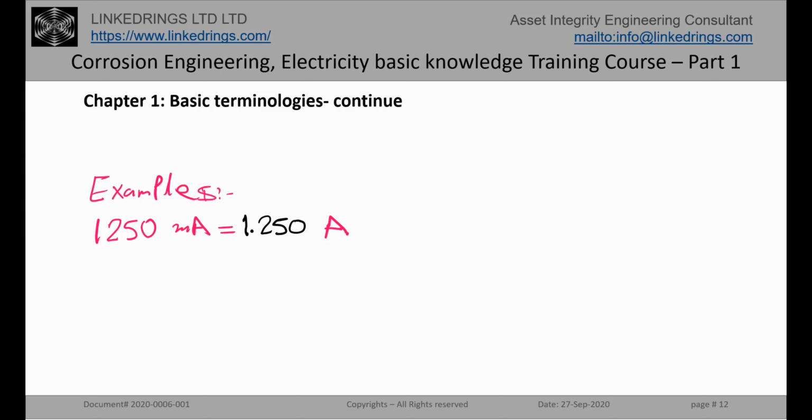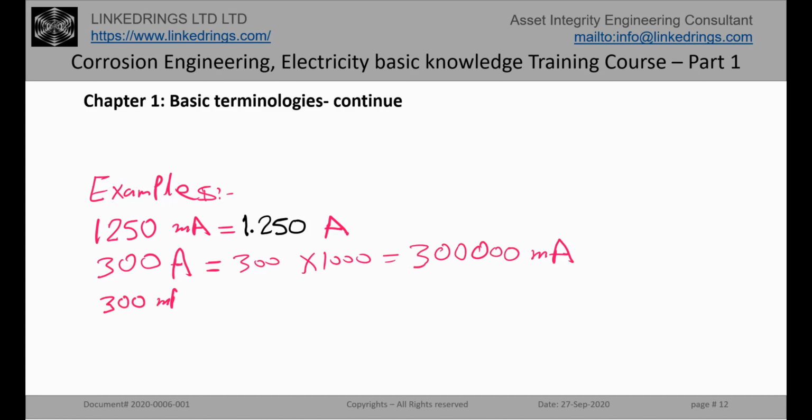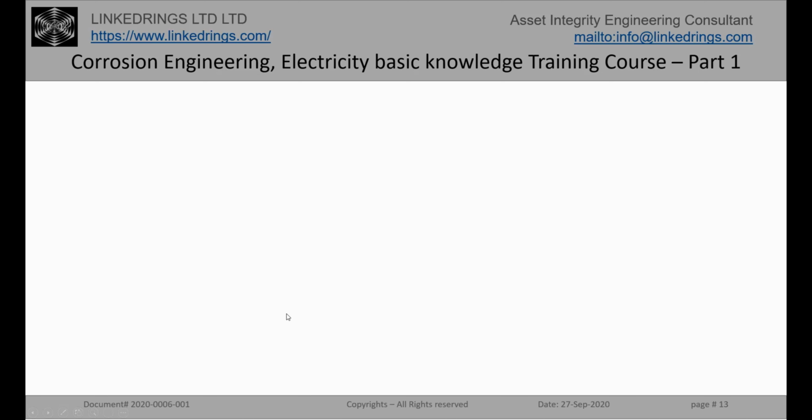We divide by 1000, so 1.250. 300 amps equals how many milliamps? We times 1000, so 300,000. 300 milliamps equals how many microamps? Again, we multiply by 1000, so 300,000 microamps.